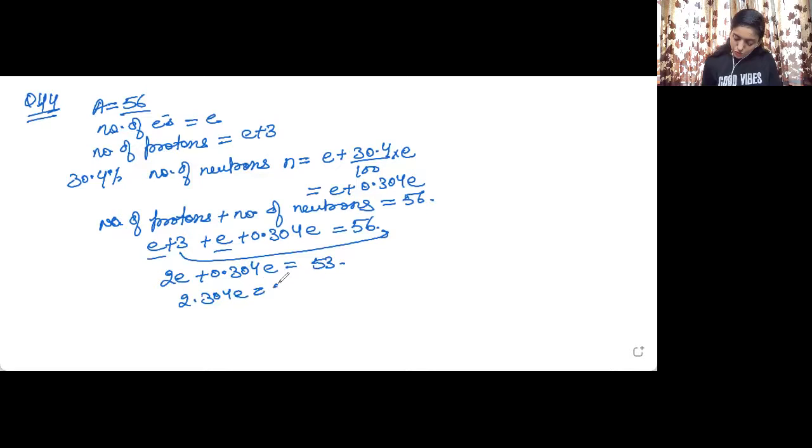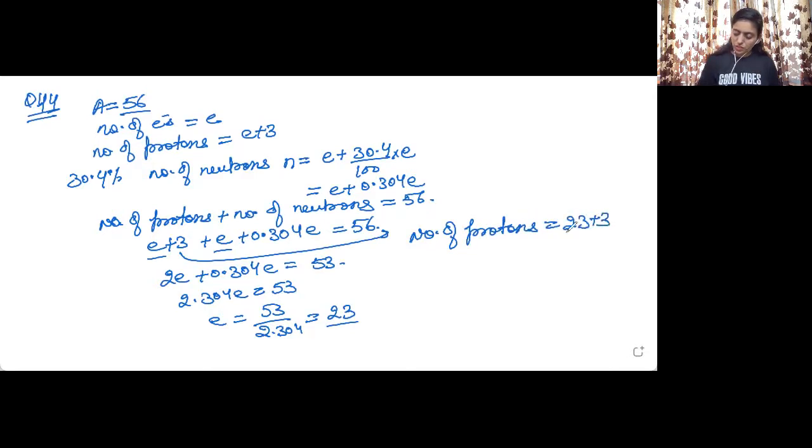2.304E is equal to 53. E is equal to 53 upon 2.304, which comes out to be 23. So the number of electrons is 23. Therefore, the number of protons will be 23 plus 3, equal to 26.